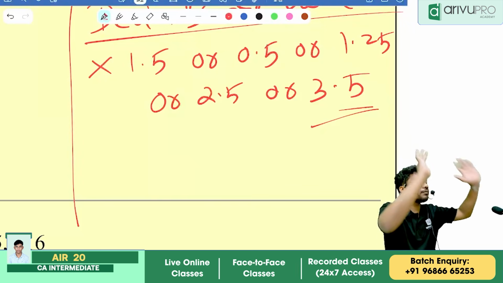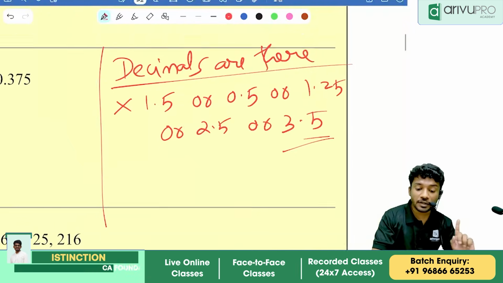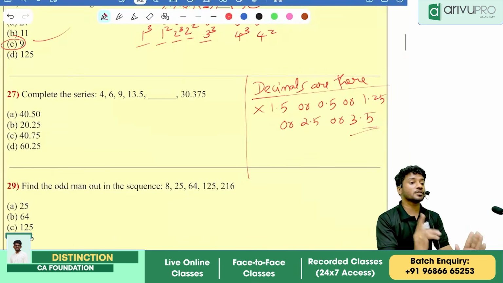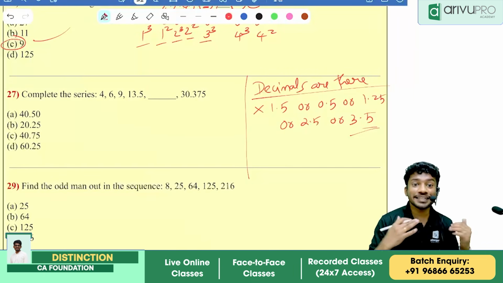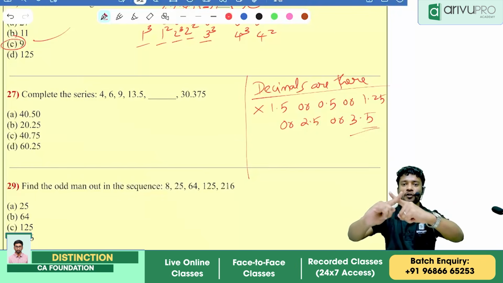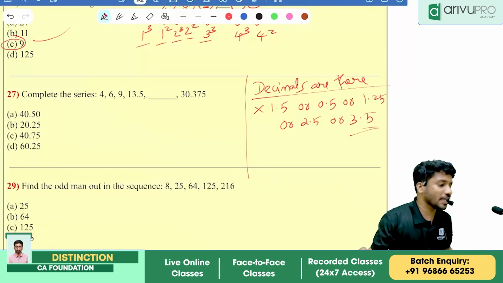Some kind of product is involved with a decimal value. Remember that, it is very important. If you get a question based on decimals, you are lucky, because at least we know the pattern. Always multiplication will be involved, with respect to some decimal value.